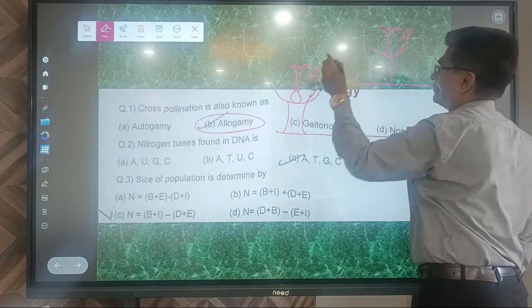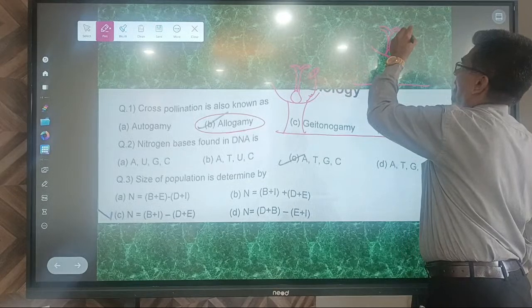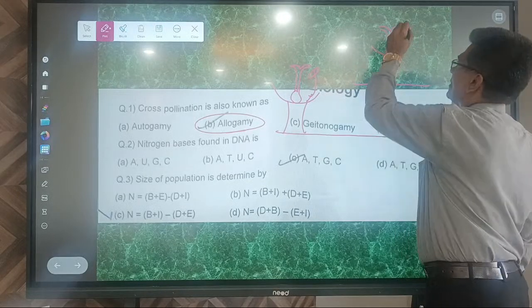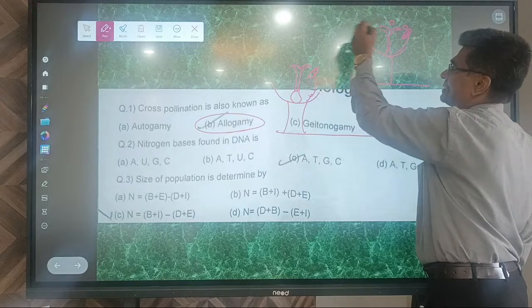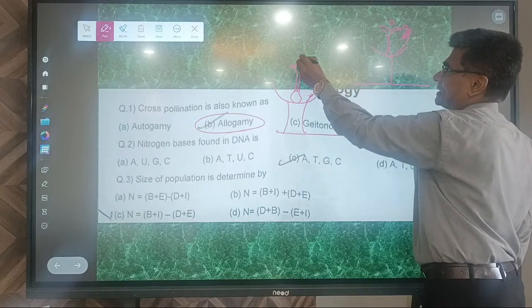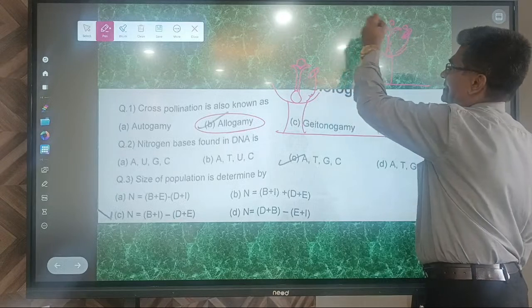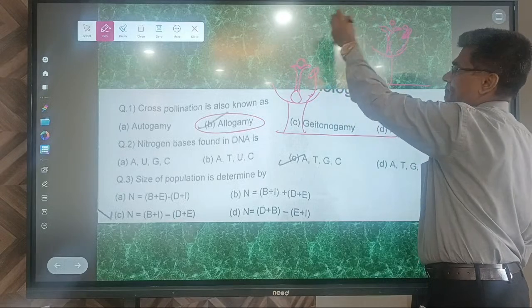The anther lobe of this flower will release pollen grains, and those pollen grains, maybe by wind, insects or water, travel from one place to another.